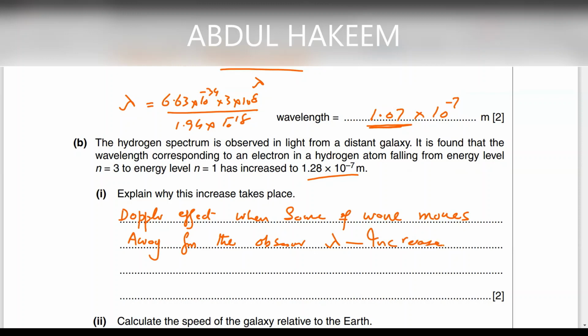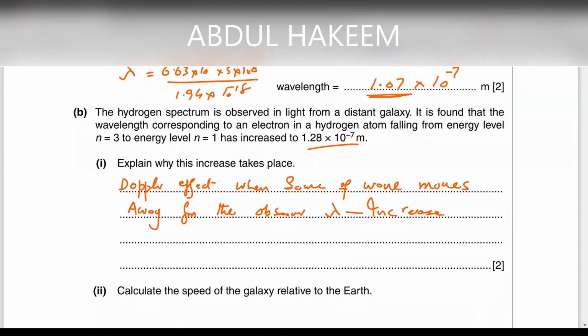So in this case, the galaxies are moving. As the galaxy is moving away from our Earth, and we are the observer standing on the Earth, the wavelength is increasing due to the Doppler effect. So this is the answer.